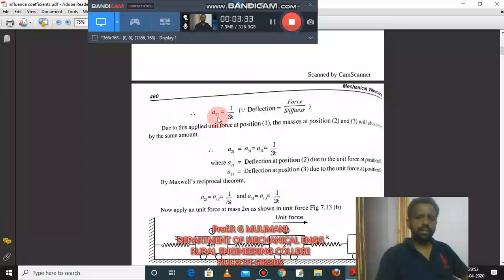By that method, A21 is equal to A12, A31 is equal to A13. So by finding A11, we know 5 influence coefficients for this type of problem, mass spring systems.